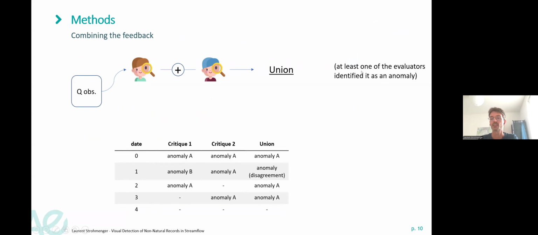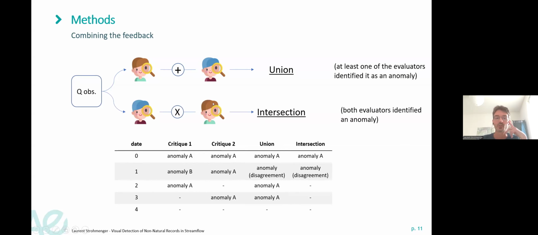If at least one person finds an anomaly in the time series, we consider the time step as an anomaly. So if you see on date 2, the first evaluator finds anomaly A and the second evaluator finds nothing, but the union considers that we have an anomaly for this day.